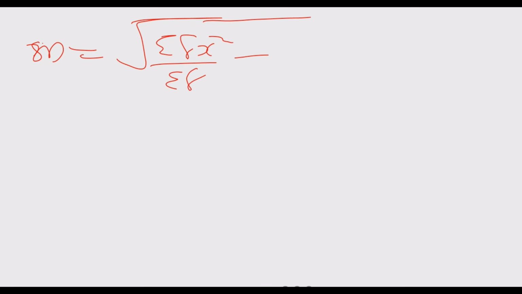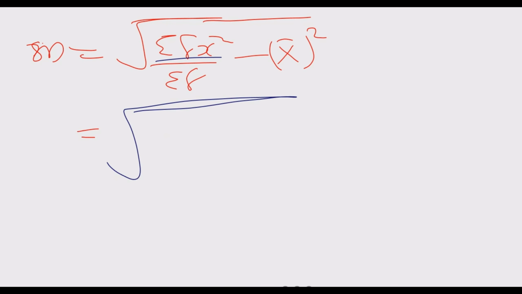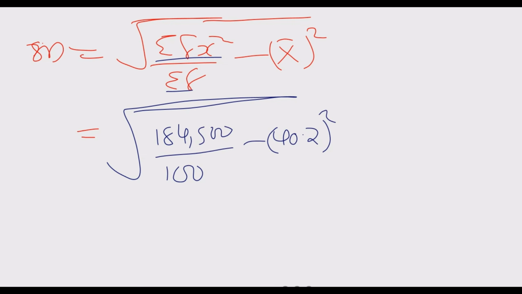We know that the standard deviation is given by the summation of f x squared divided by the summation of frequencies, then minus the mean squared. So we've just found this value to be 184,500. Then we divide it by the sum of frequencies, which is 100, minus 40.2 squared. Then at this point we just utilize our calculator.